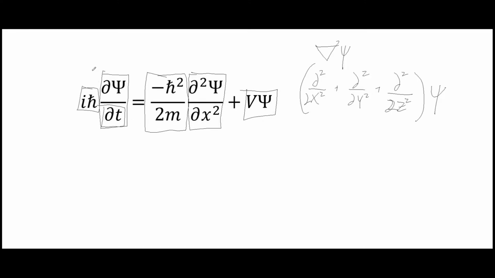To dissect this, the first thing we'll take a look at is this first order differential with respect to time. I guess we can first back up even a little bit further and look at this psi, or psi, as you might have heard somebody pronounce it.